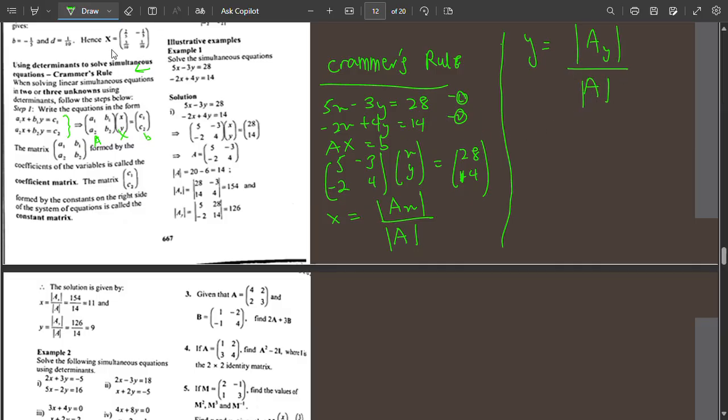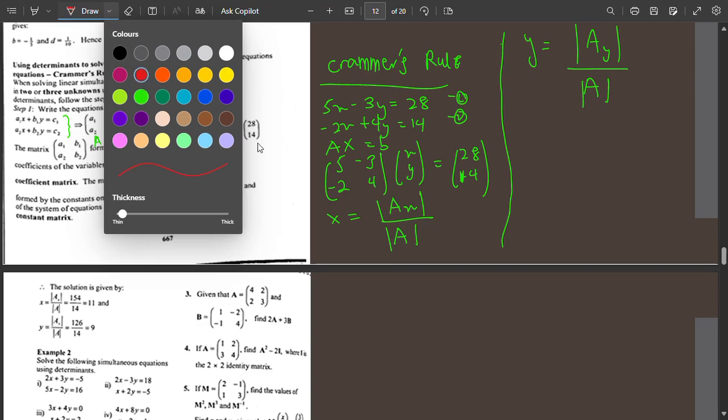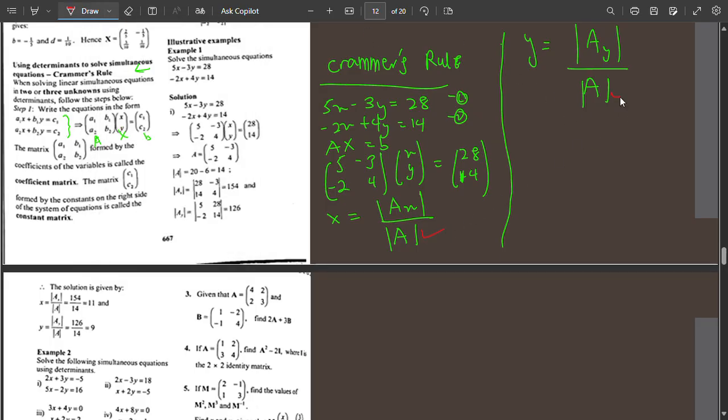So I'll define the terms. x is given by the determinant of A with subscript x, it's a subscript, it's not a product, divided by the determinant of A. And y is given by A subscript y determinant, divided by determinant of A. We know how to find the determinant of A, but what of this?